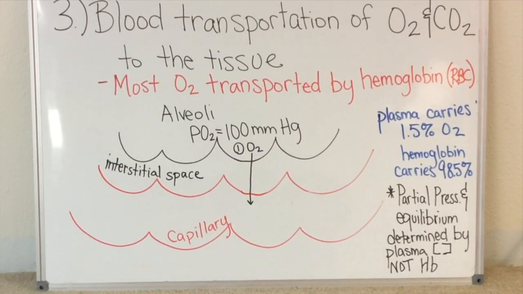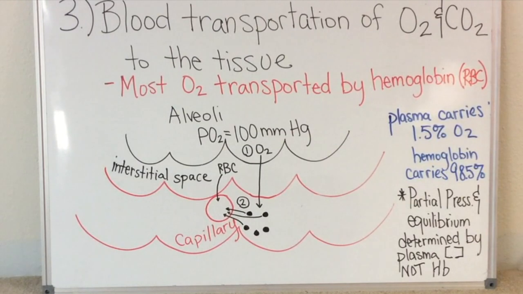The first step of diffusion is that oxygen diffuses from the alveoli into the capillaries. Each black dot within the capillary represents a molecule of oxygen.